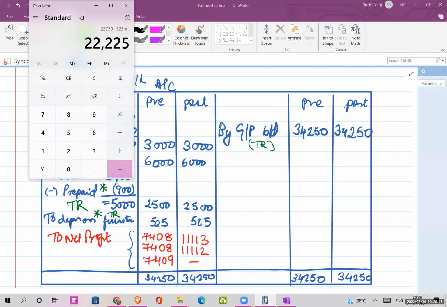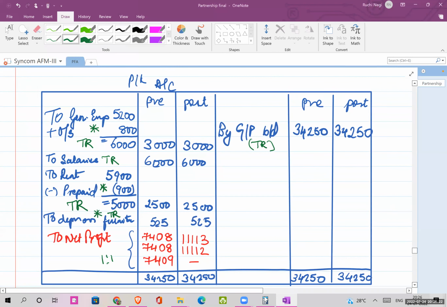So it gives me this answer, 22,225. This you're going to divide equally, 1:1:1. Okay?